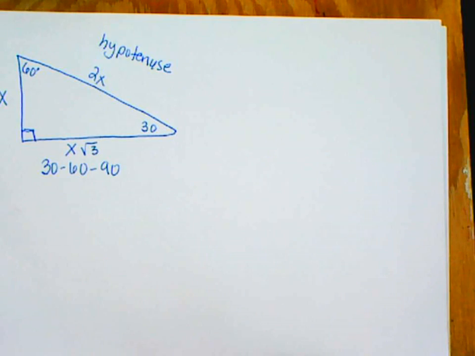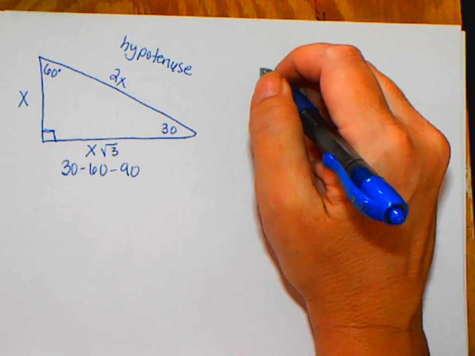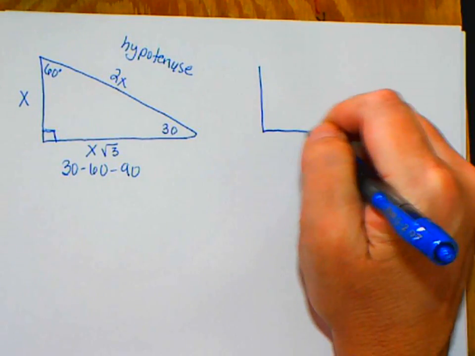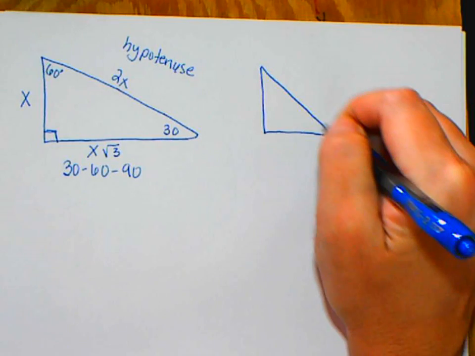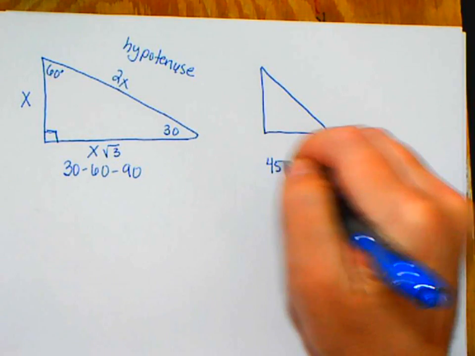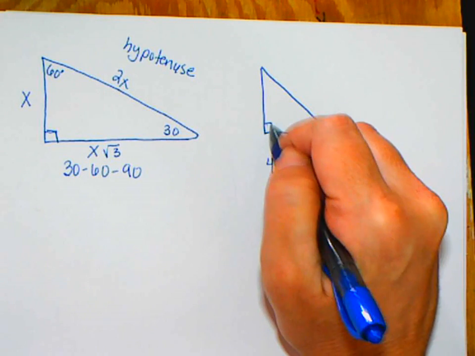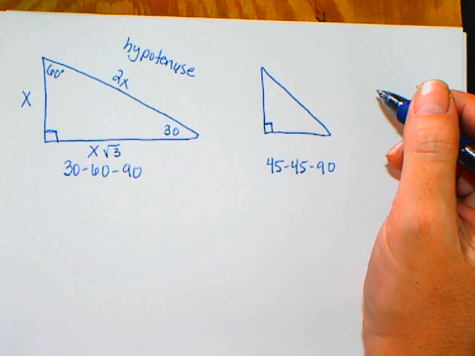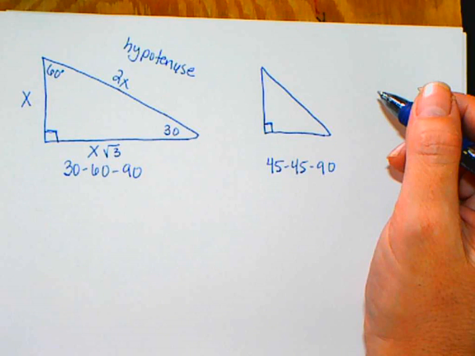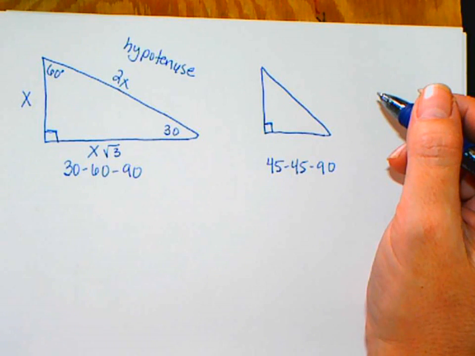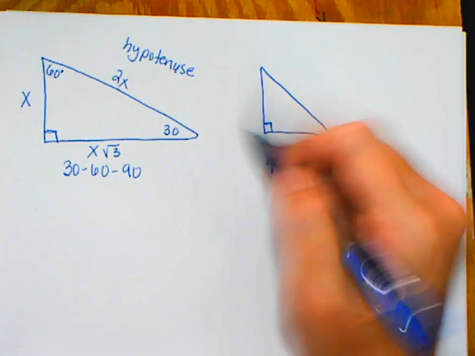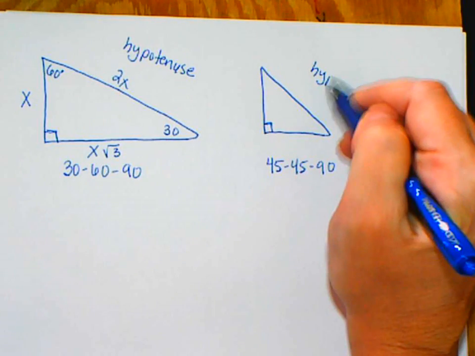So the other kind of triangle that you're going to have to deal with in a unit circle is a 45, 45, 90. So of course, your 90-degree angle is directly across from the hypotenuse.